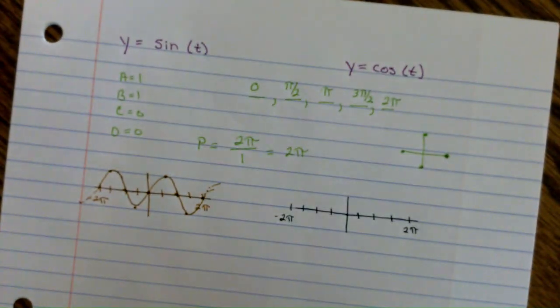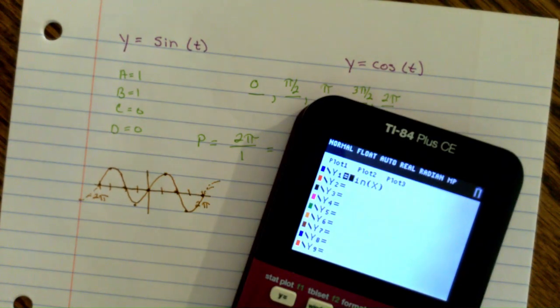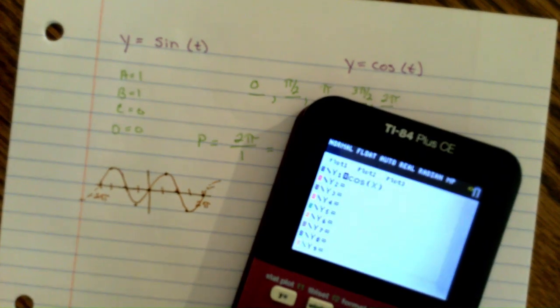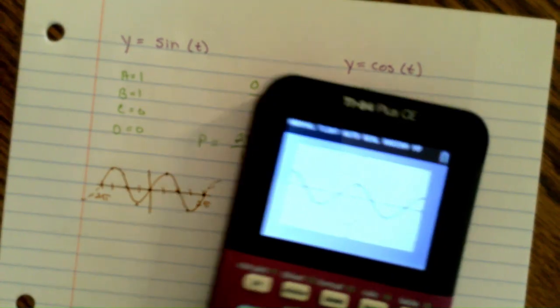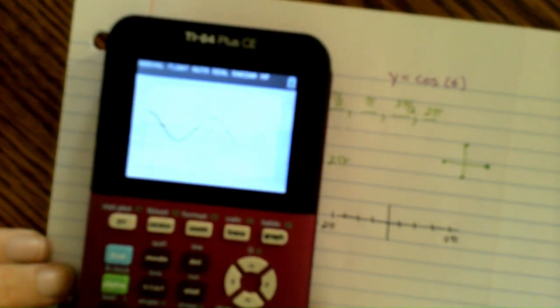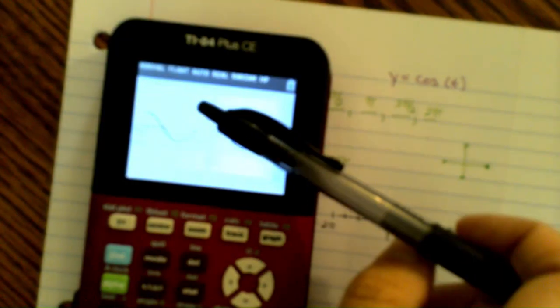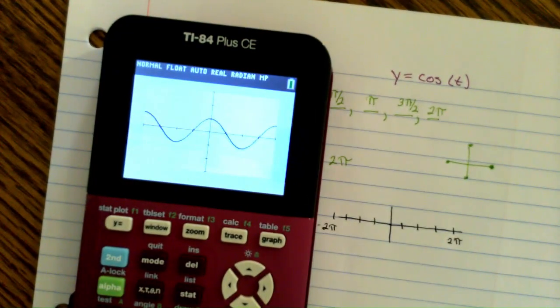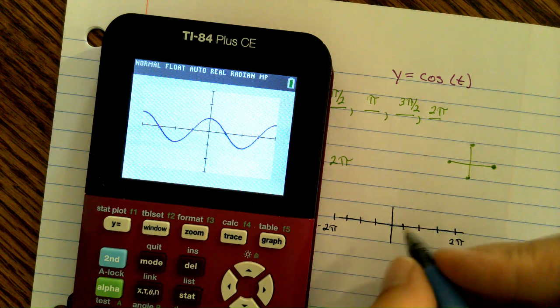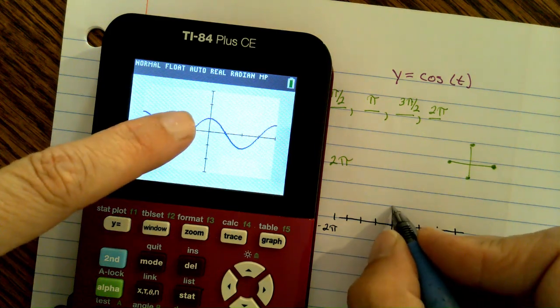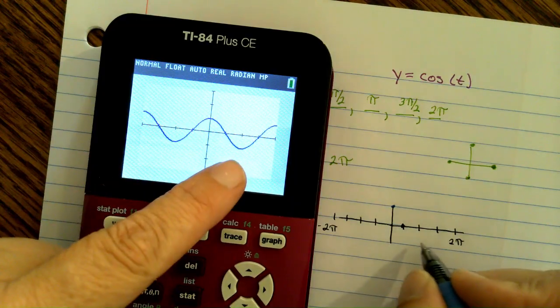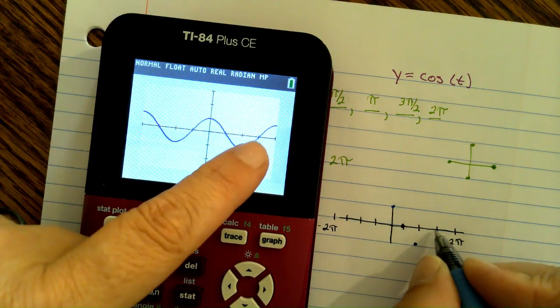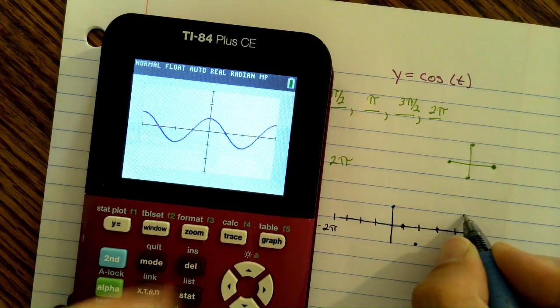So how is that going to differ? It's still waving. Now, at 0, we see we're at 1. At pi over 2, we're at 0. At pi, we're at negative 1. Then 3 pi over 2, and 2 pi.